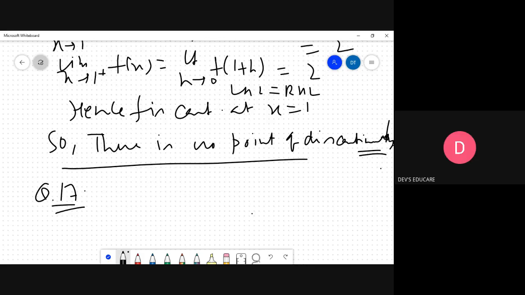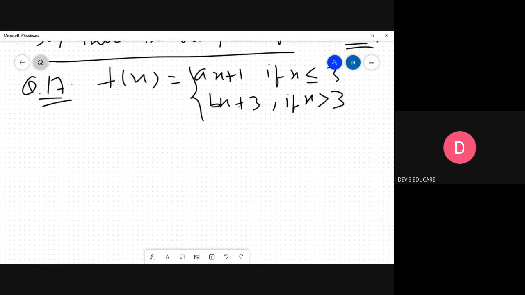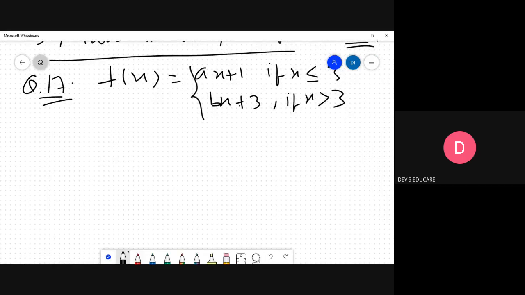Find the relationship between a and b so that the function f defined by f(x) equals ax plus 1 if x is less than or equal to 3, bx plus 3 if x is greater than 3, is continuous at x equals 3.